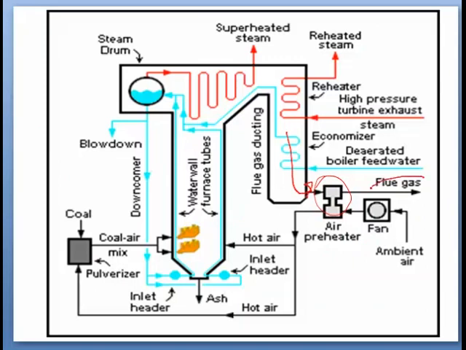This is flue gas. So the air preheater is also a type of heat exchanger, a counter flow heat exchanger. The cold incoming air, when it passes through the air preheater, absorbs the heat carried by the flue gas and gets heated.